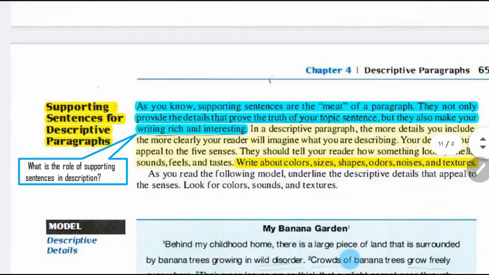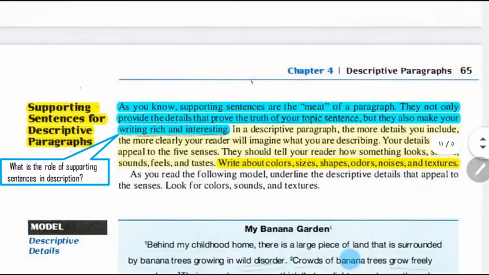What about the supporting sentences in the descriptive paragraph? As you remember, we said that the topic sentence and the concluding sentence are the bread, and between them there's the meat, which is the supporting sentences.